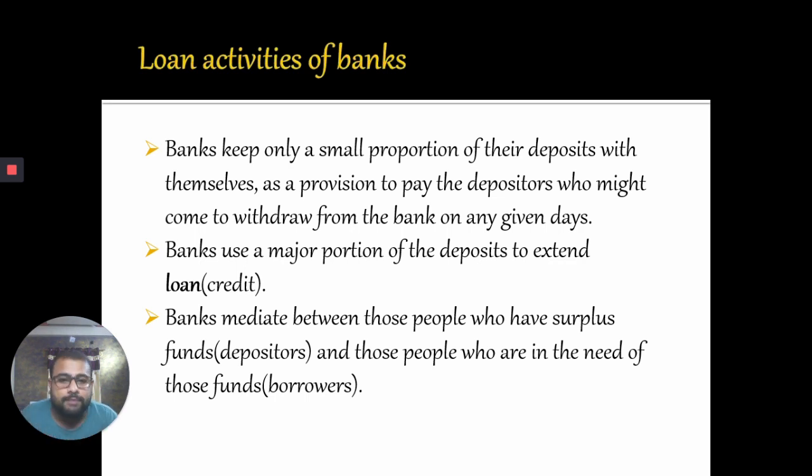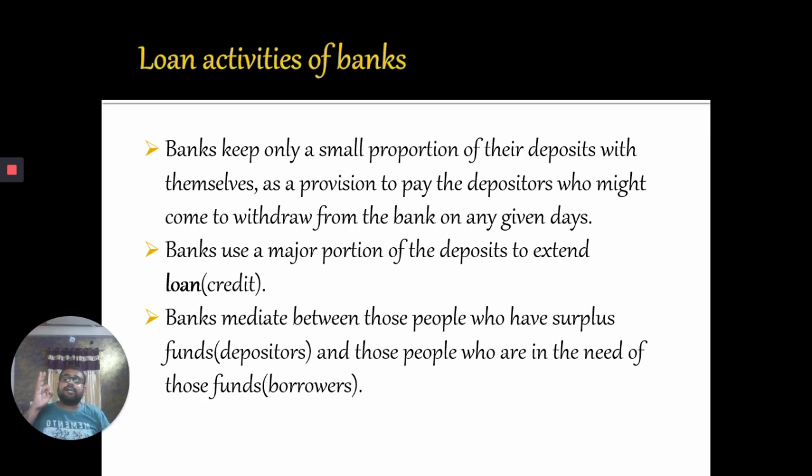And the rest of the money, the bank gives on loan, or you can use the term credit. So the bank gives it on credit to financial institutions and to people who are in need of that money, and in return they charge a huge sum of interest. You understood?